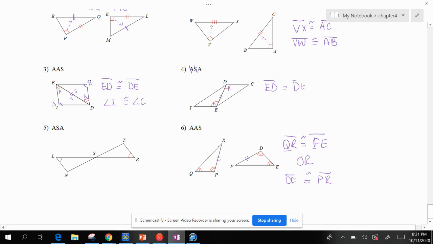Notice how I'm starting with the angles that are marked for both of these statements. My last angle is on the other side of this side, DE. So both angles that make up that side are marked. So angle D has to be congruent to angle E.